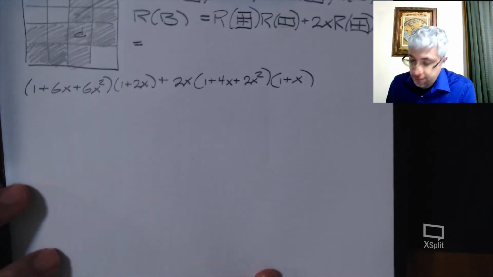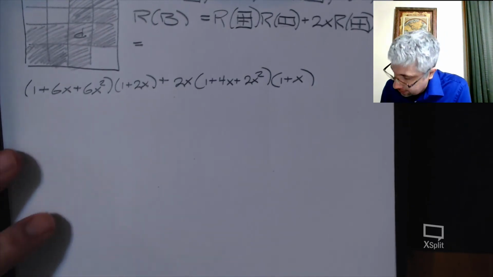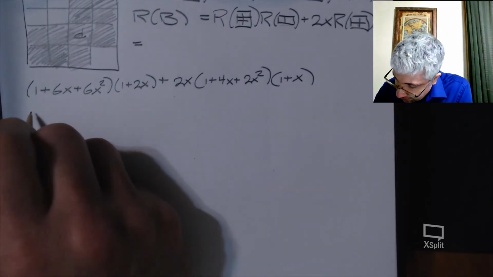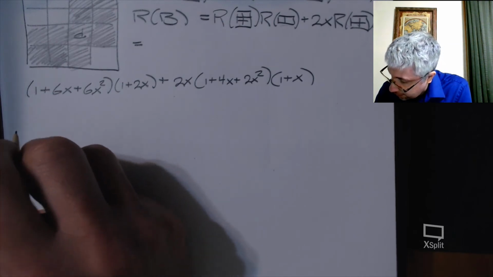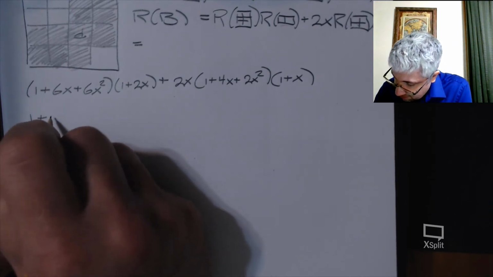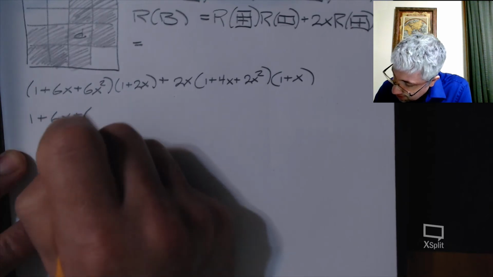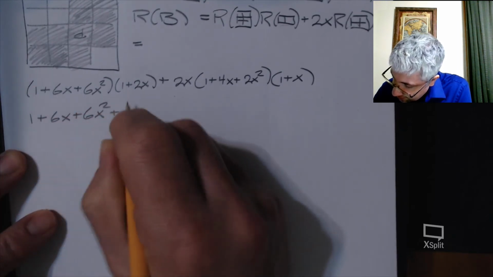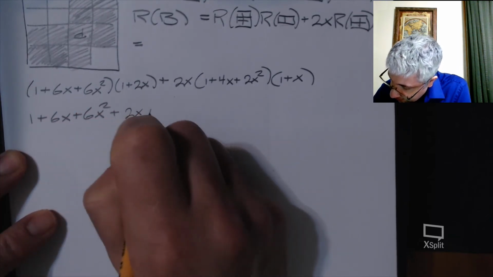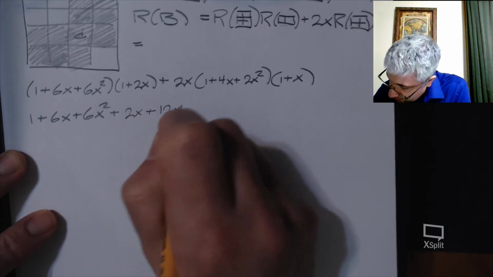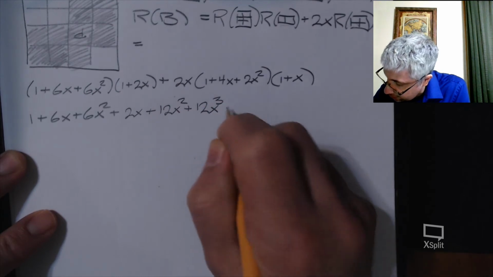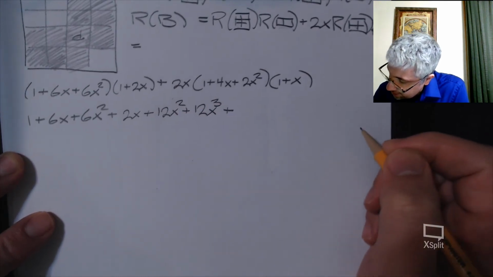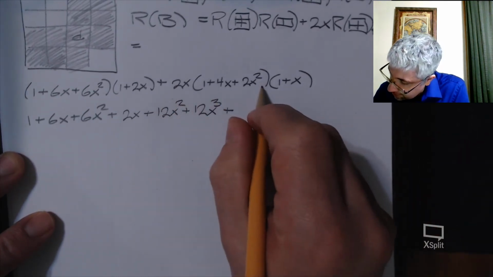So now all I have to do is compute this, and of course the sensible thing would probably be to do this by computer, but let's not be sensible and quickly try to do 2x plus 12x squared plus 12x cubed plus this.